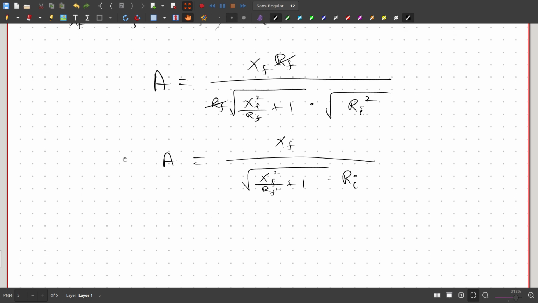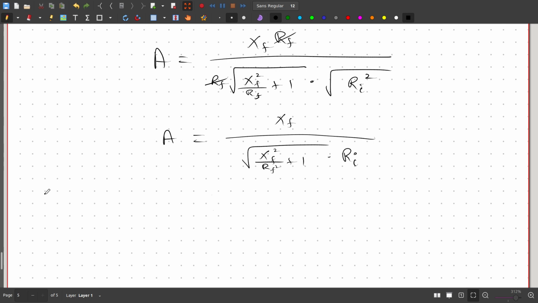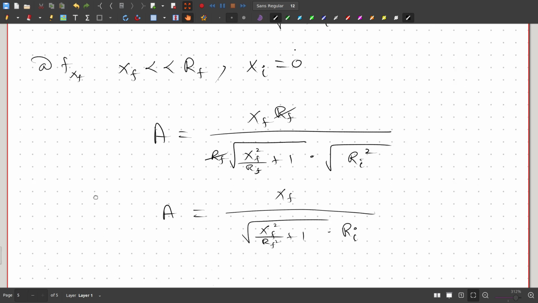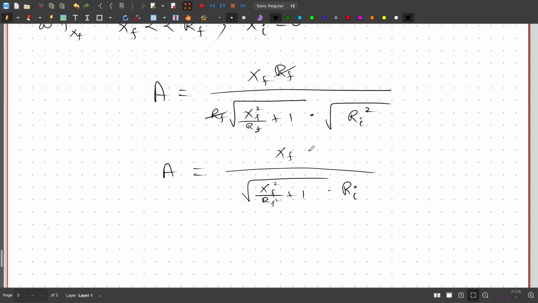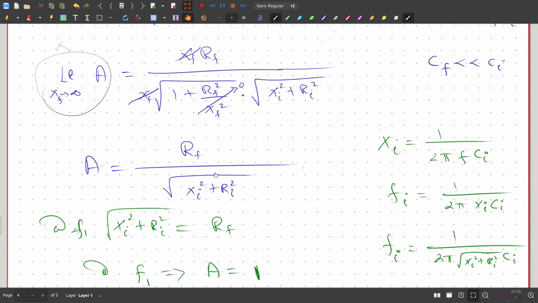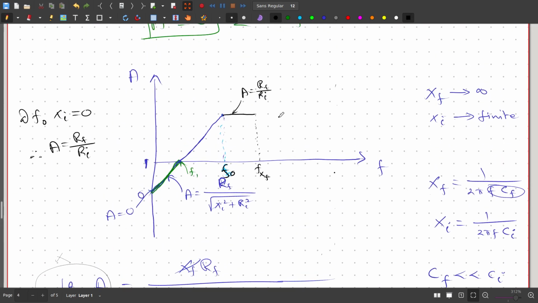So further increasing the frequency, beyond this frequency, this XF tends to get lower and lower. As a result, this amplitude also gets lower and lower. Therefore, if we look at this part, it starts to decline, and at one point it reaches this frequency.